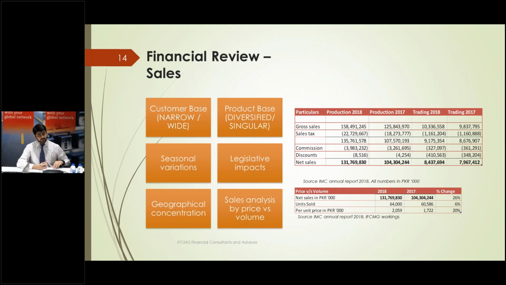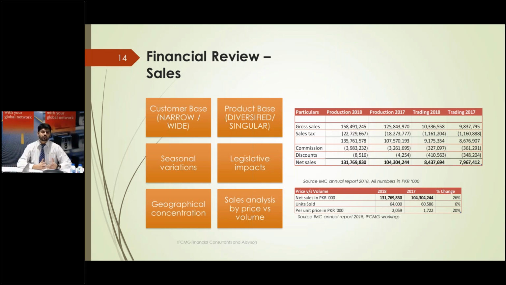And finally, the last factor that we need to consider is the legislative impacts. A lot of you would be aware that recently the government of Pakistan passed an amendment to the tax laws whereby no non-filer could buy a vehicle over 800 cc.